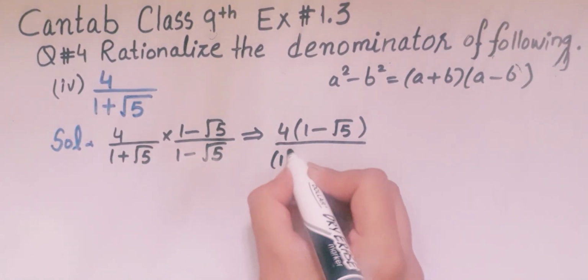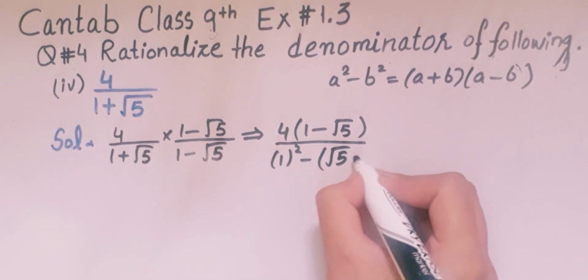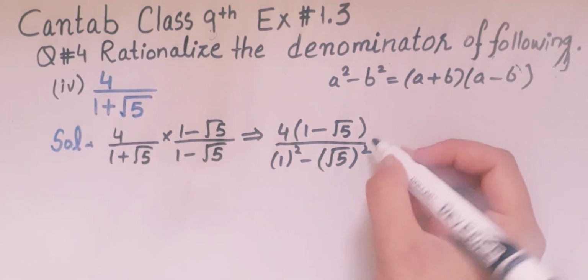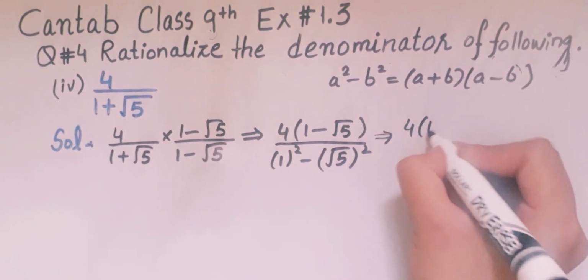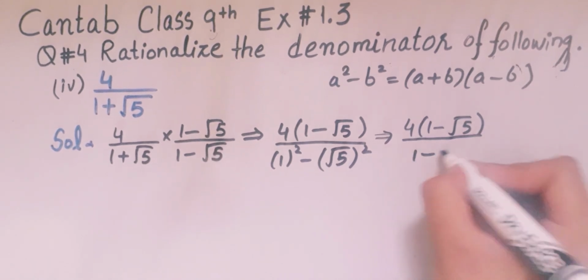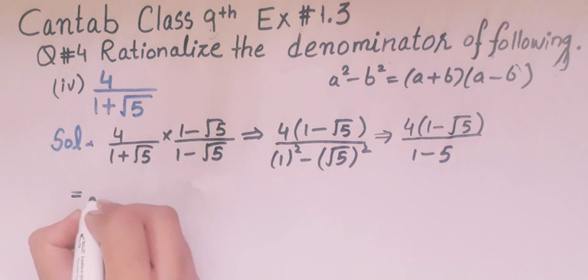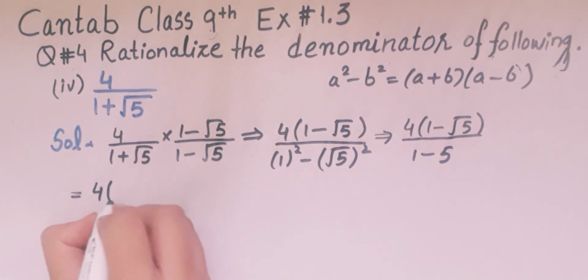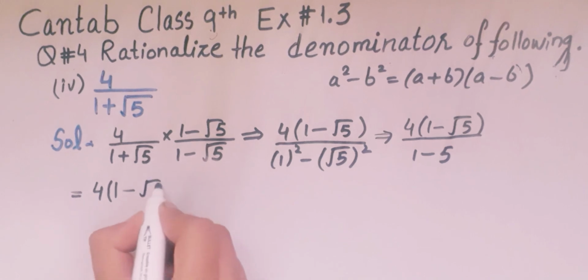So 1 square minus square root 5 square, which implies that 4 into 1 minus square root 5 by 1 minus 5, and 4 into 1 minus square root 5.